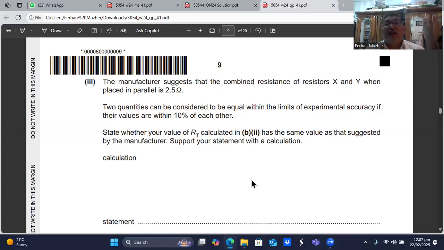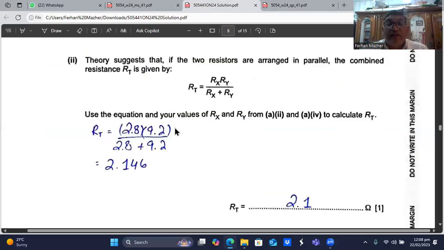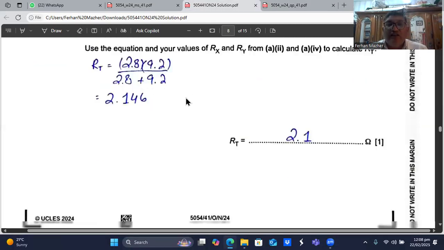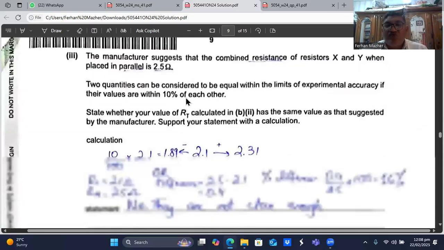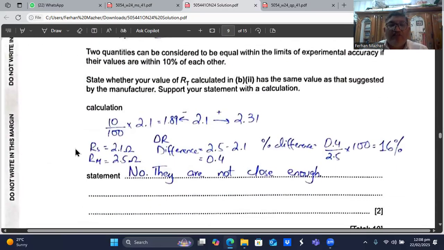State whether your value of RT calculated in the second part has the same value as that suggested by the manufacturer. Support your statement with a calculation. So they say that the true value should be 2.5, but our value is 2.1. So we will check how much is the difference between the true value and the value which we have just found.